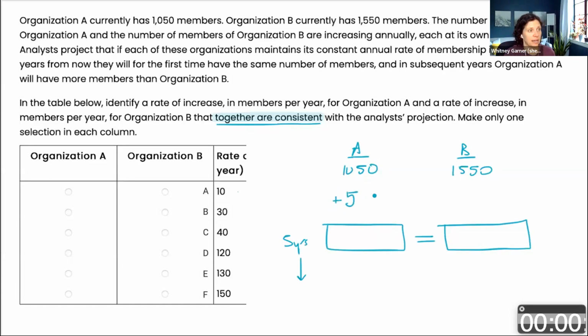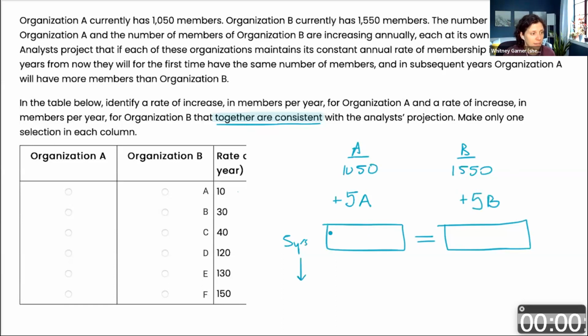The number is increasing at its own rate. So if it's like 20 people per year, it'll be 100 people. If it's 100 people per year, it's 500 people. Organization B, they're going to get 5 times whatever B is.